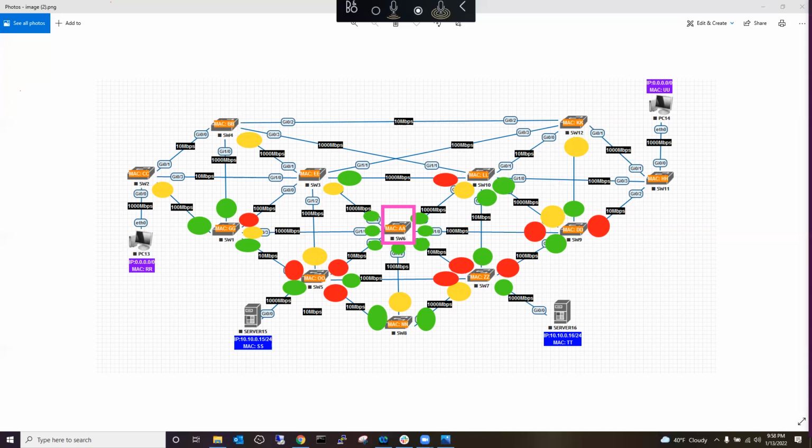So, now that we found that, let me see here. So it can go down this way. Pat, one of the things I think about is the same concept as switch 4. What's going through 12? Hardly nothing.